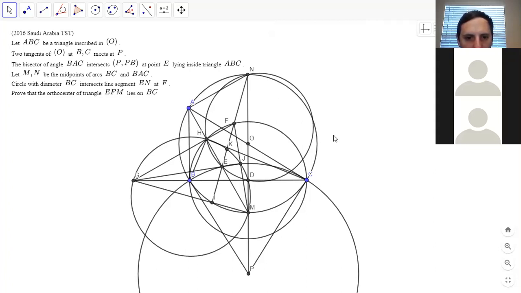I don't know if it would help if I drew more circles.